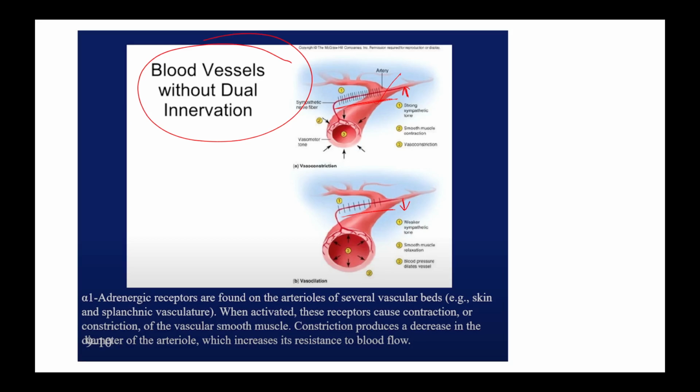The blood supply becomes very less because of the vasoconstriction. However, in the other case, vasodilation occurs. When there is less signal going to the blood vessel carrying blood to the alimentary canal, the dilation of the blood vessel happens, which supplies more blood to the alimentary canal.